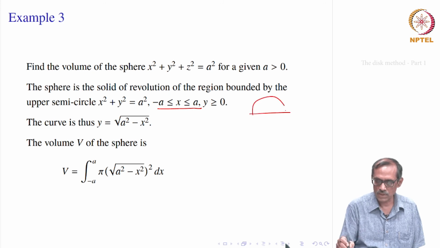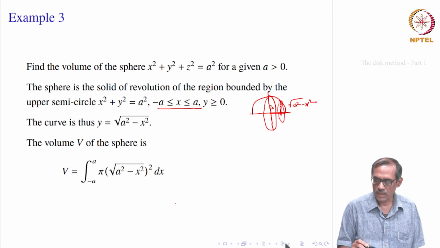The disc is generated here. That disc has radius not a but, at any point x, something like this, say this is x, its radius will be this y component, which is square root of a square minus x square. So the cross sectional area of the disc so generated is pi into square root of a square minus x square whole square.